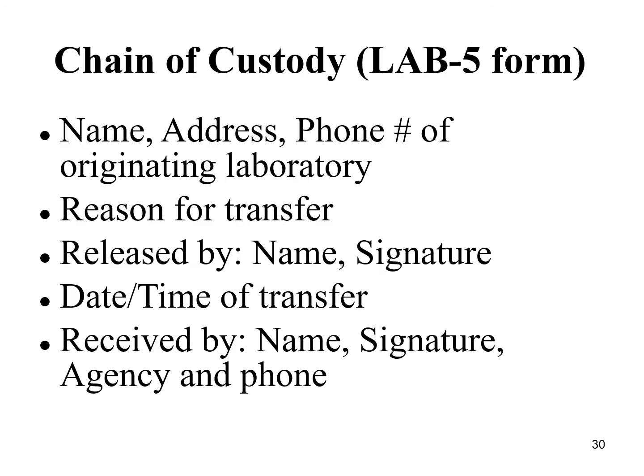The chain of custody form includes the name, address, phone number of the originating laboratory, the reason for the transfer of the isolate, who released the isolate, the name and the signature, the date and time of transfer, and then who received the isolate, the name, signature, agency, and phone number.